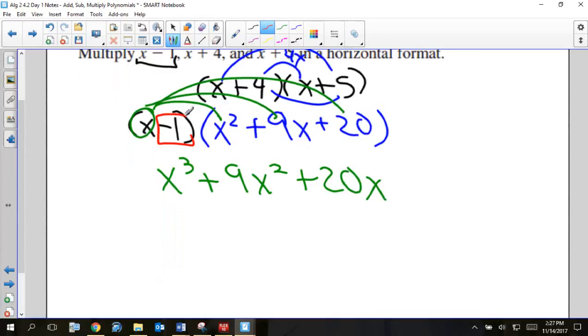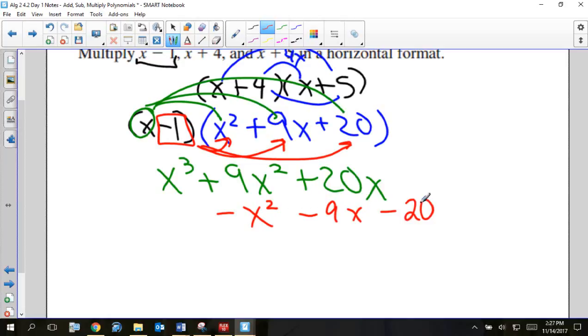Then I will distribute -1. -1 times x squared is -x squared. I'm choosing to put that under the 9x squared so that they're already like terms. -1 times 9 is minus 9x, and then -1 times 20 would be -20.